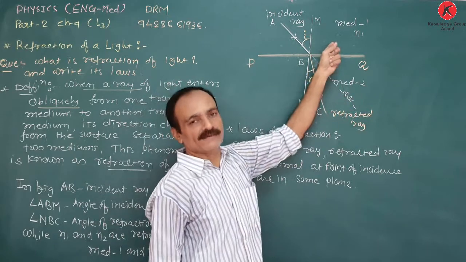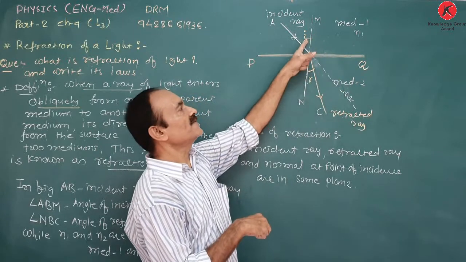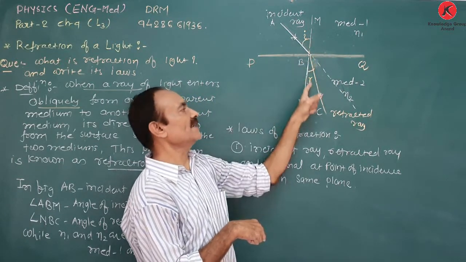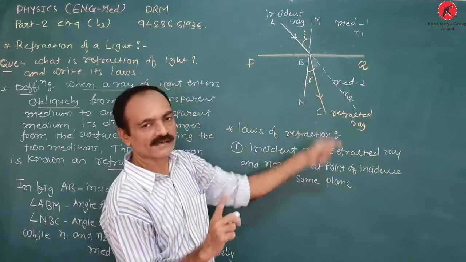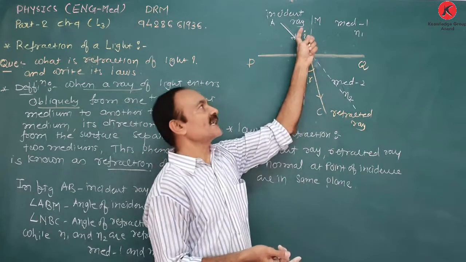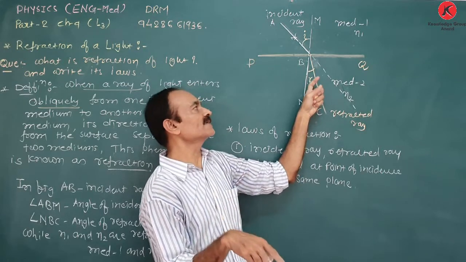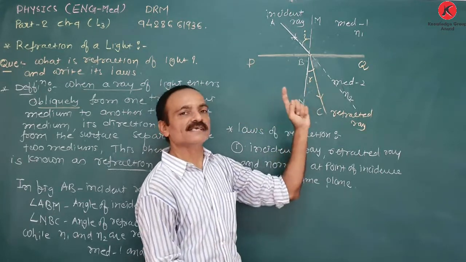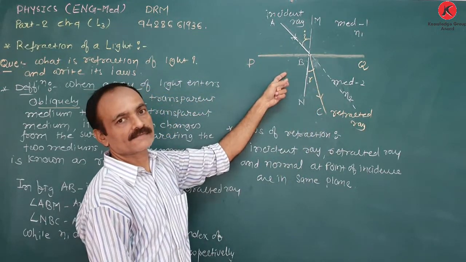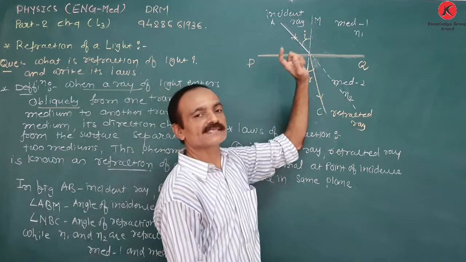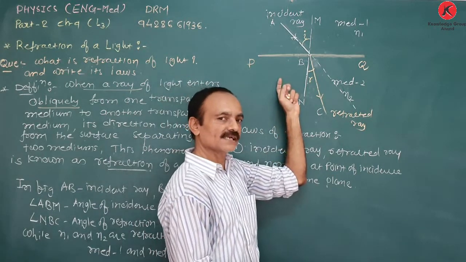Therefore, for a given pair of media, the ratio of the sine of the angle of incidence to the sine of the angle of refraction remains constant. This constant is known as the relative refractive index of the given pair of media, and this statement is known as Snell's law.